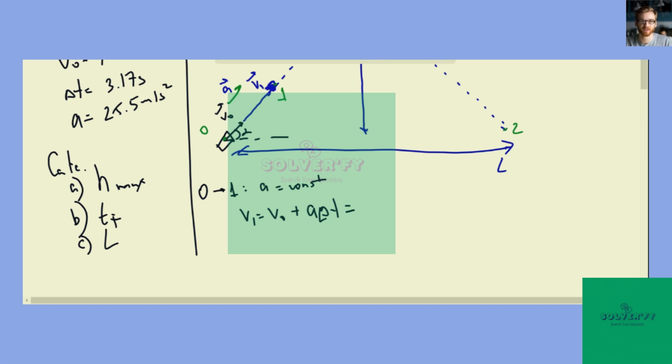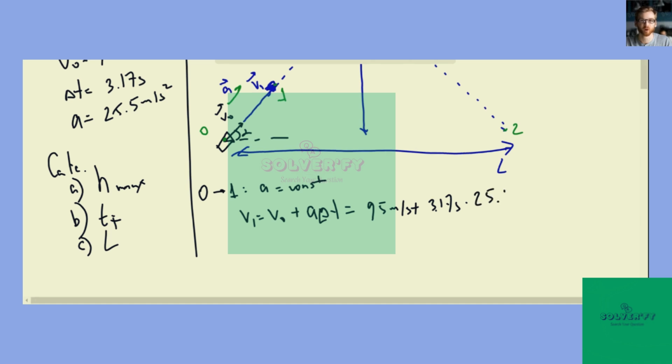Therefore v1 equals v0, 95 meters per second, plus 3.17 seconds times 25.5 meters per second squared.